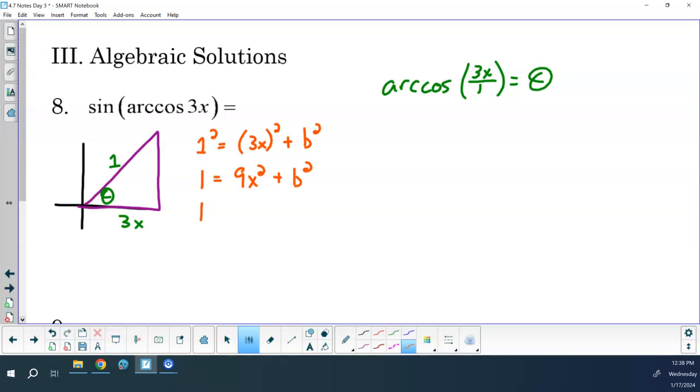Subtracting 9x squared, 1 minus 9x squared is b squared. Then I take the square root, and this missing side is the square root of 1 minus 9x squared.